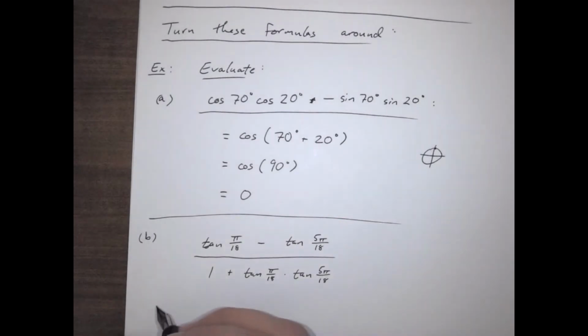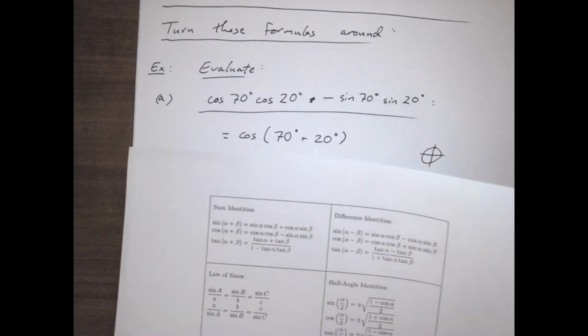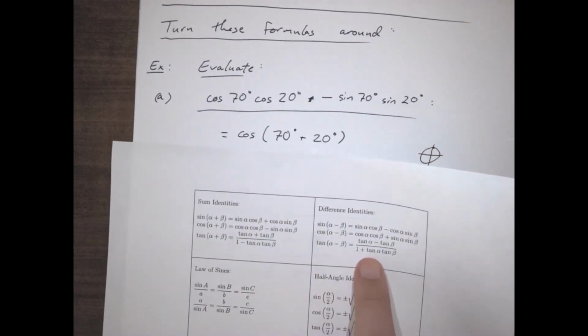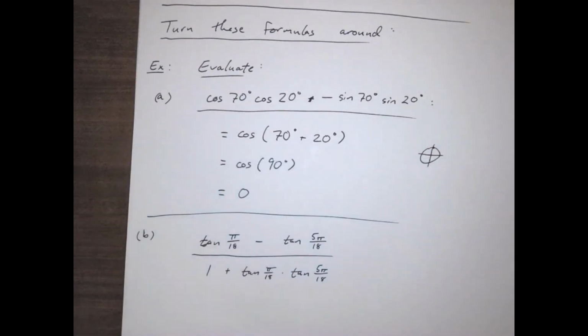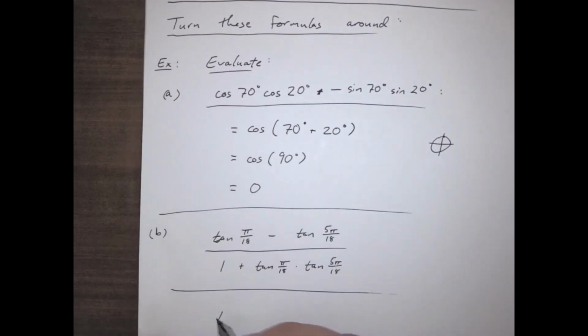Now, when we think about this, which formula does this fit? Well, it would appear to be the tangent subtraction formula that we've got here. So that's equal to the tangent of alpha minus beta.